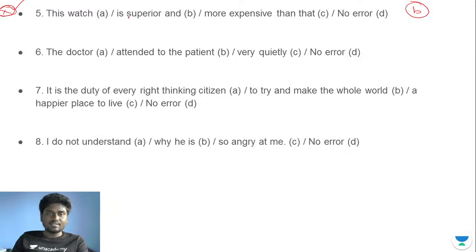Here you have two adjectives. Superior is an adjective and expensive is one adjective. So when two adjectives are being used in a sentence, you need to take two different prepositions for it. One for superior and the other for expensive.